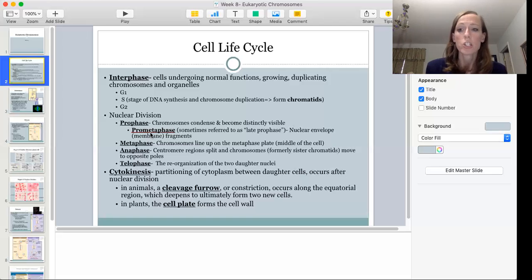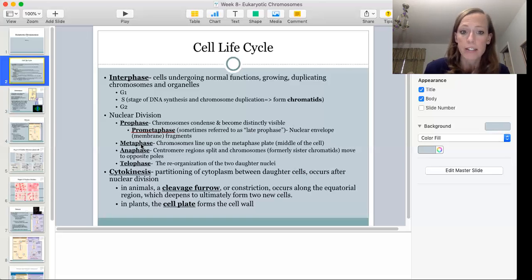Okay, so prior to division though, there's a few more stages. In prophase, you can start to see the chromosomes condense. In prometaphase, you've got fragmentation, breaking up of the nuclear envelope.